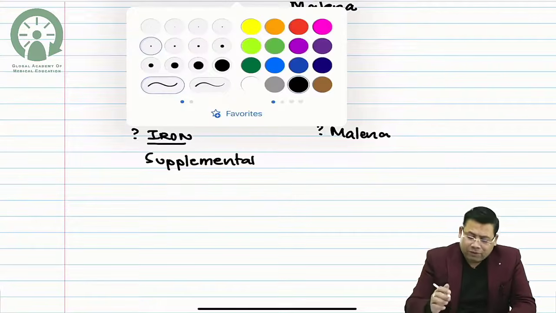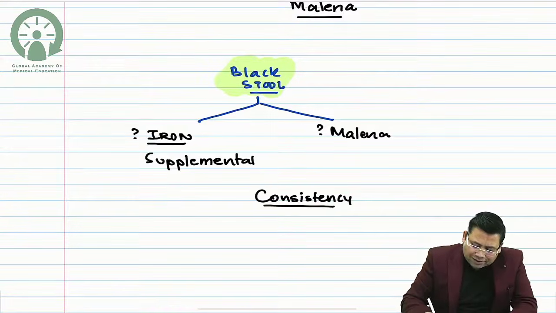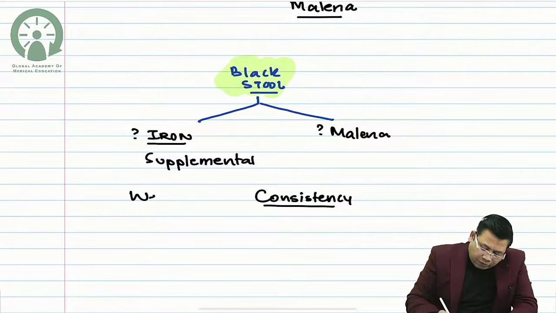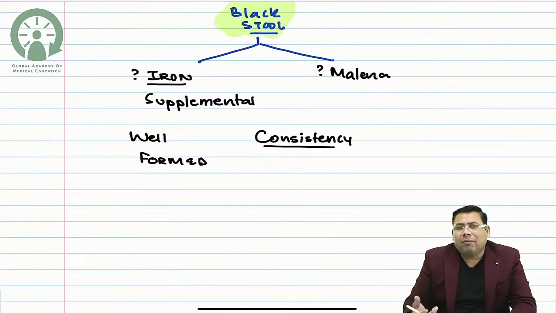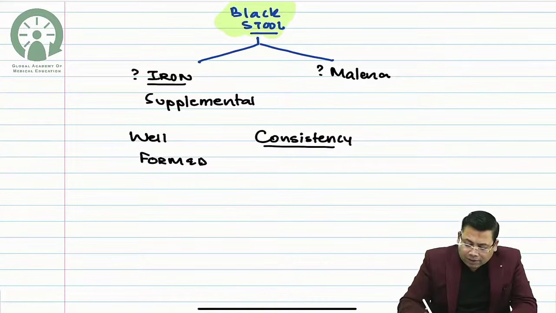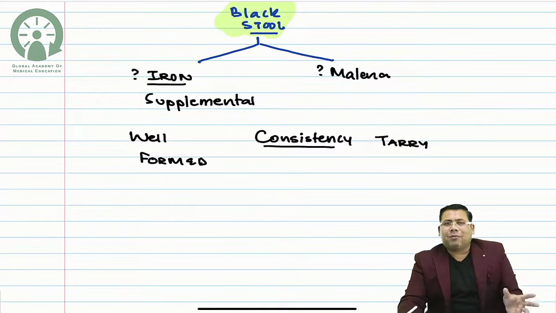The first thing that you need to understand is the consistency. This is very, very important. With iron, it is well formed stool. Against that, when you talk about melena, what is present? They are tarry, and of course the stools are foul smelling.